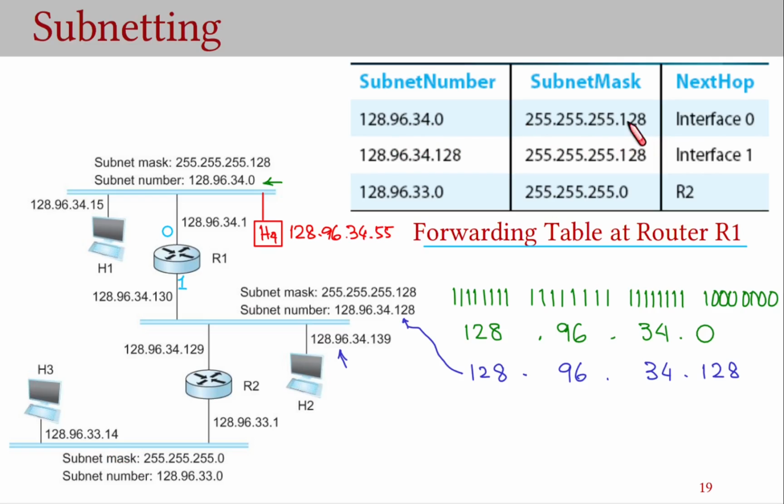So there's no match here. Similarly, you can verify there is not going to be a match there. However, when it applies subnet mask 255.255.255.0, it's going to get 128.96.33.0, and there is an entry for that. And what it says is that for this subnet number, it's going to forward it to router R2, which is the correct forwarding rule. And then once this datagram arrives at R2, it's going to be delivered to this host H3. And by the way, that's the subnet number that's shown here.